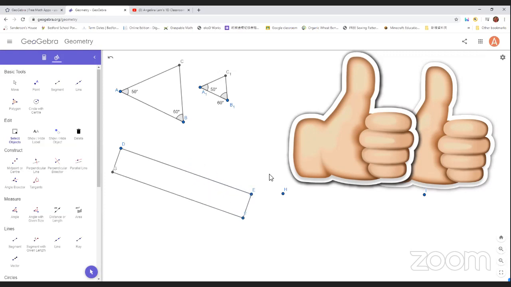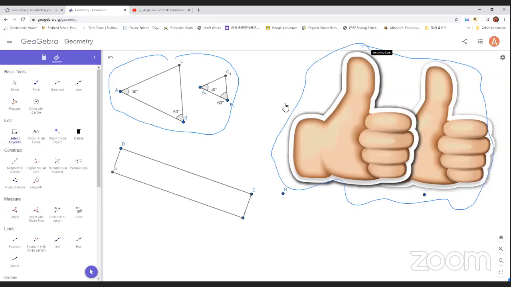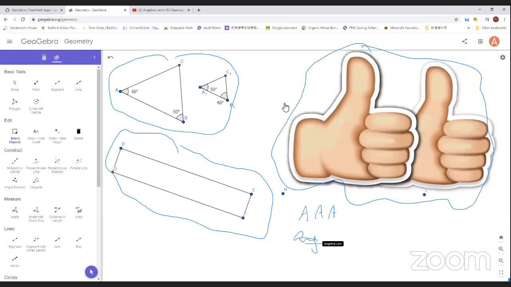Now, therefore, other than triangles, for other figures like this one or a polygon having more sides, when we look at the angles, we also need to look at the sides, or the length of the sides more precisely.